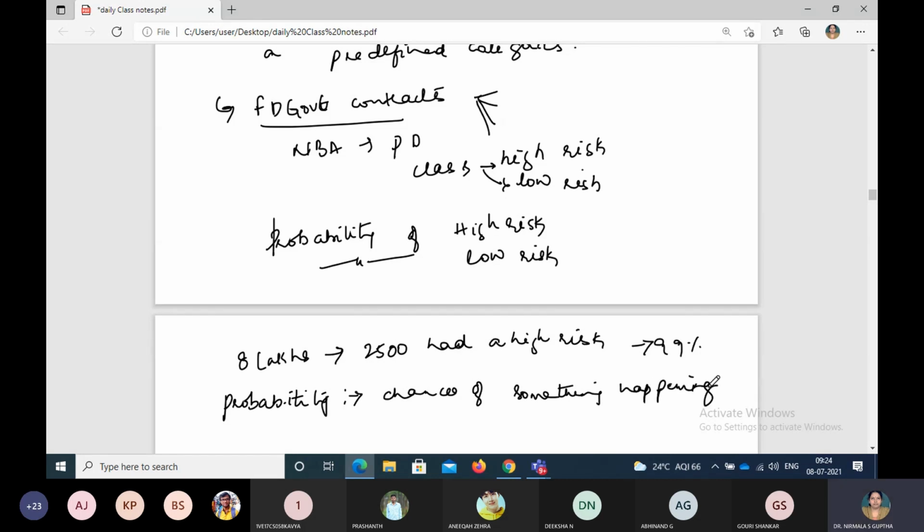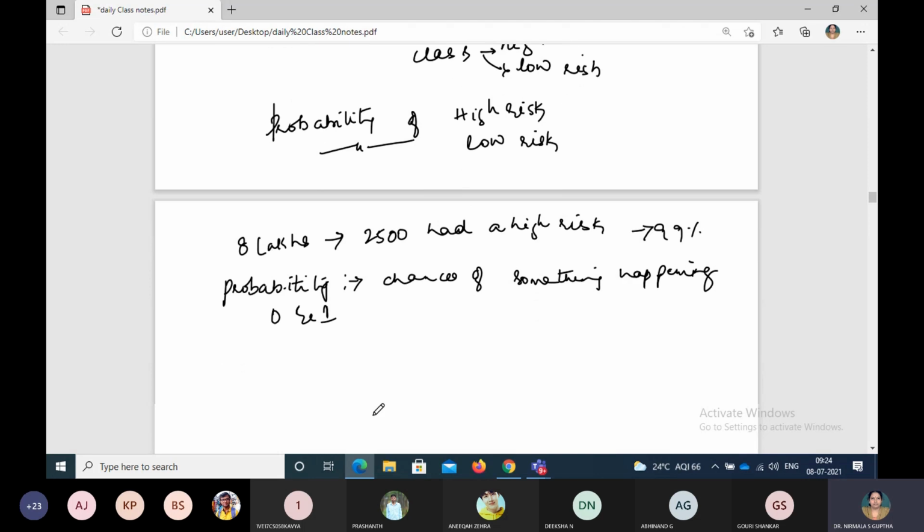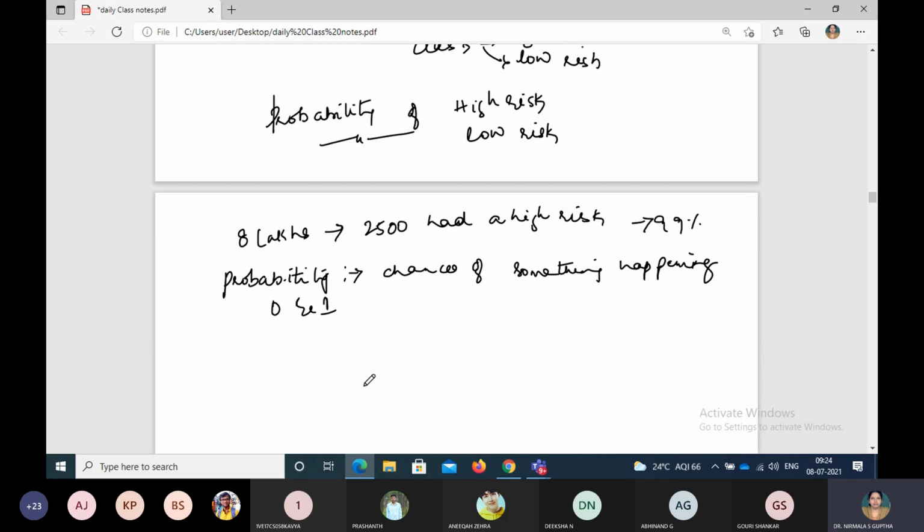So the probability values can range between 0 and 1. The range of 0 to 1 has a meaningful description. If the probability is 0, then we represent that there is no chance.